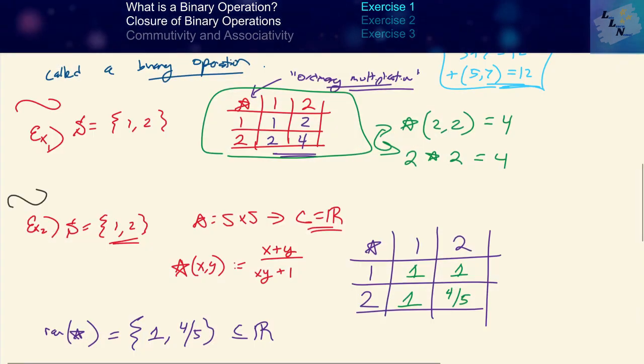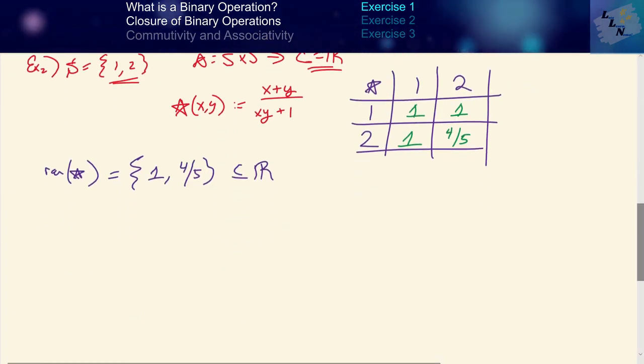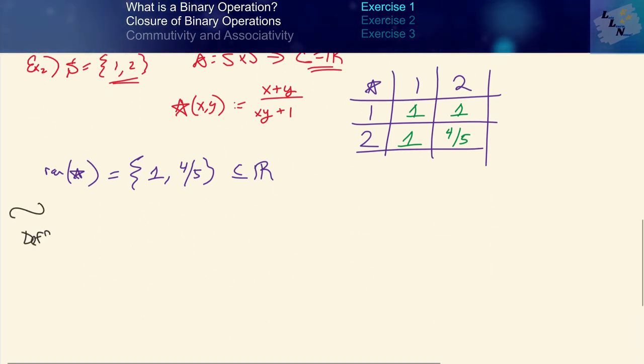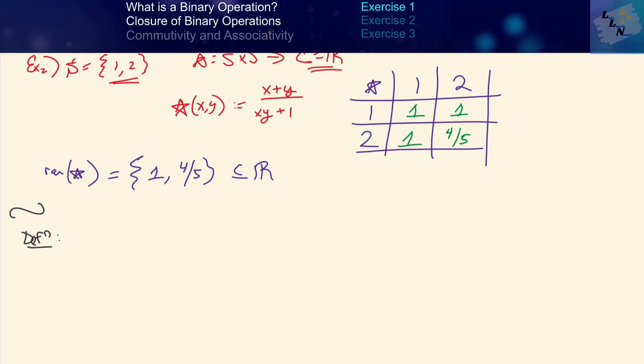All right, so let's begin talking about another concept associated to binary operations between sets, and that's the idea of closure. So let's begin with the definition of what it means to be closed.